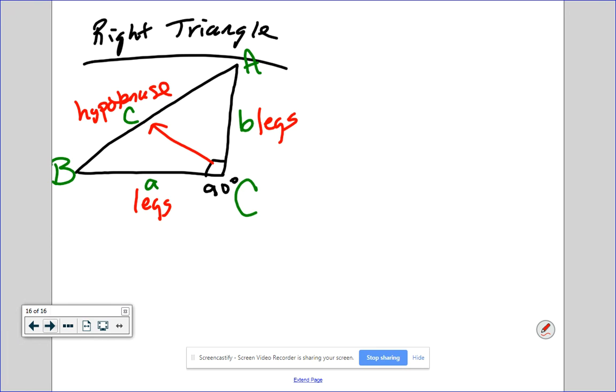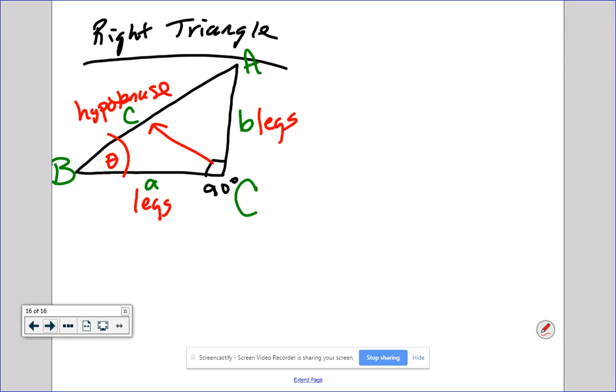That's where it's an important concept that we understand what theta is. For instance, if I say angle B is my reference angle, angle B is theta, and I want to figure out my trig ratios from B.